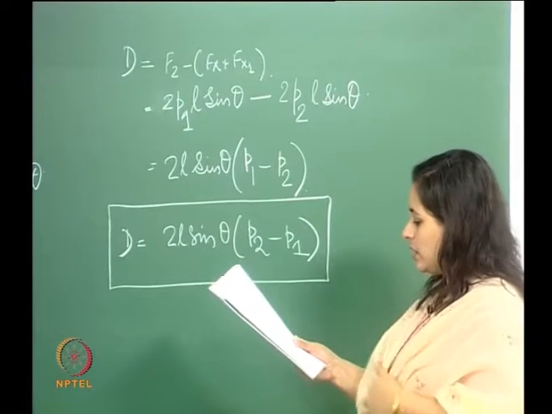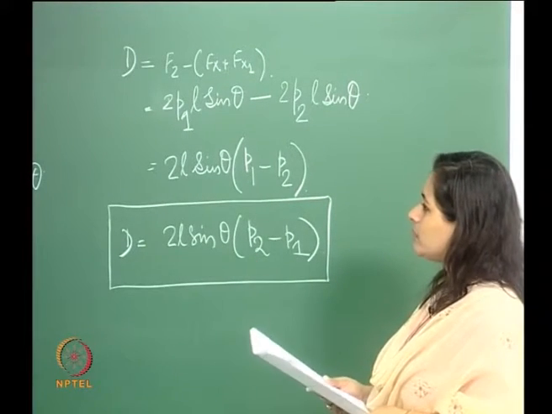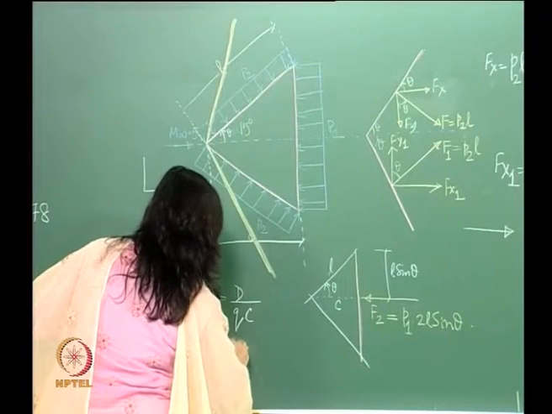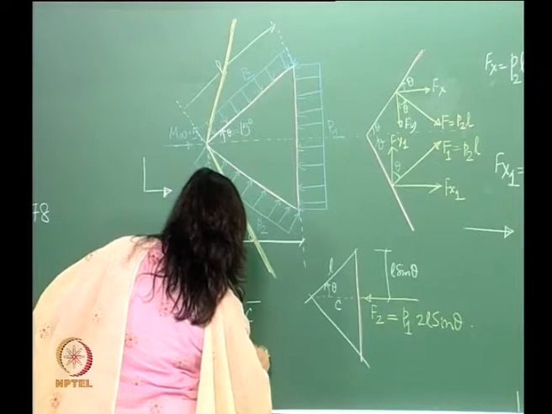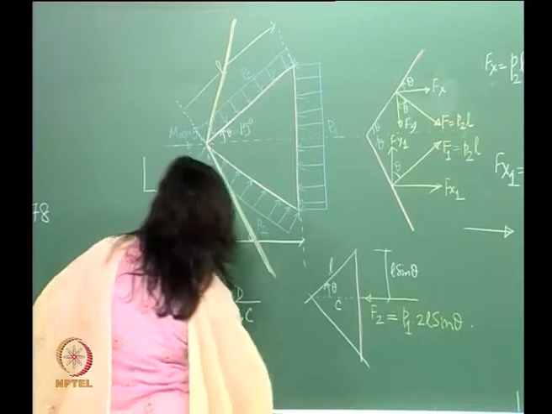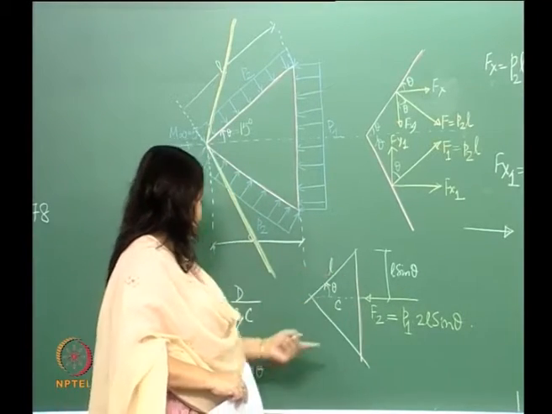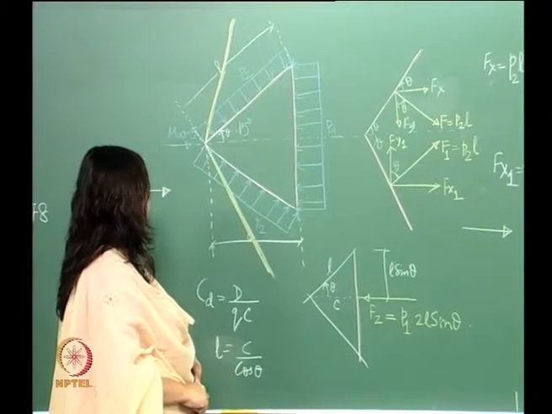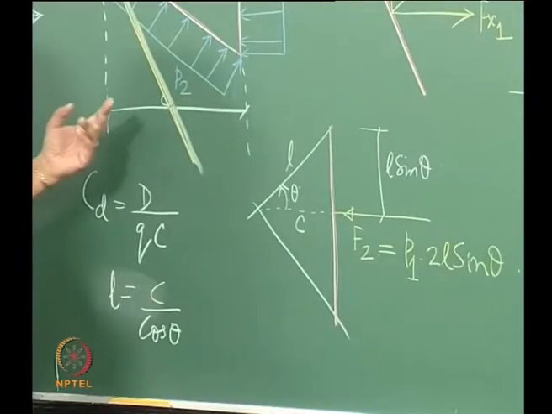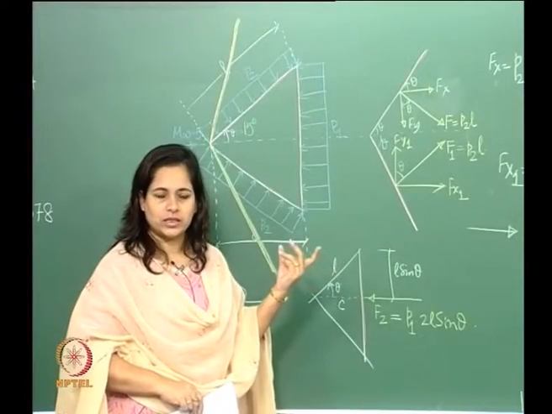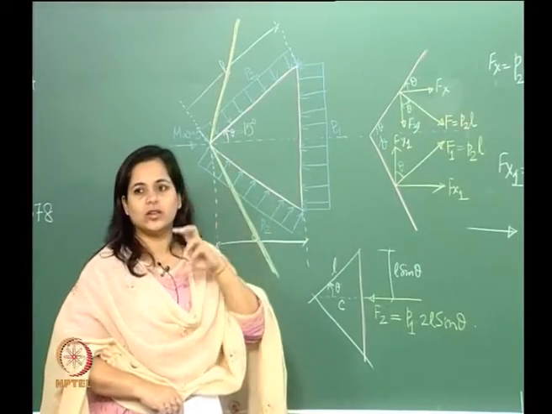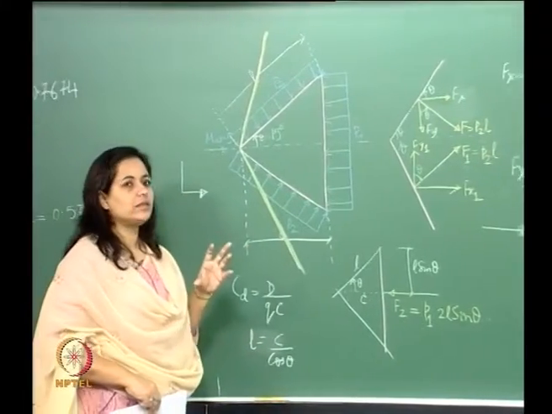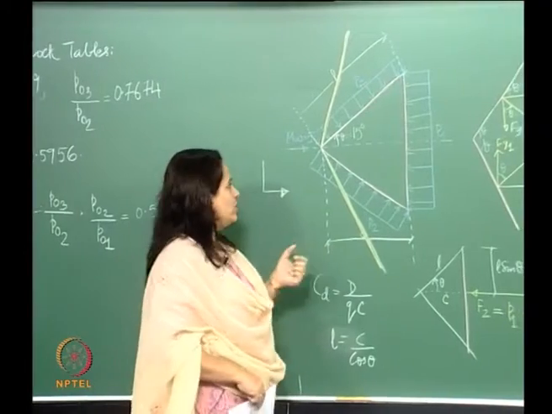Now basically we need to find out the coefficient of drag. So this CD L is equal to C by cos theta, isn't it? Because C is L cos theta, so L is equal to C by cos theta. The reason we are using C over here is that in this particular case it is analogous to the chord length if you were to have an airfoil, and this theta is acting as an angle of attack.